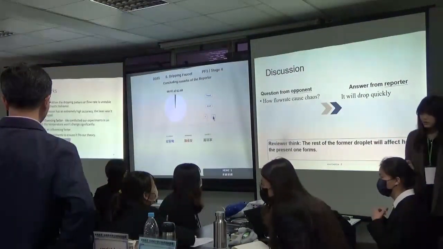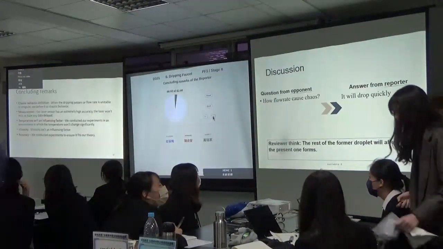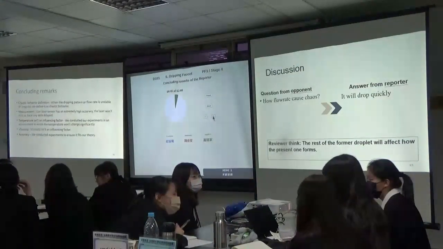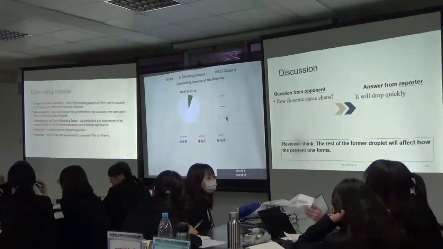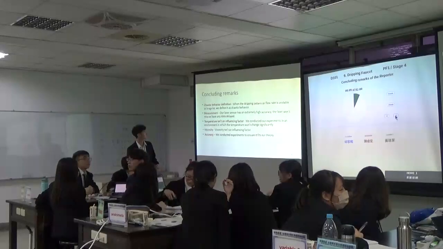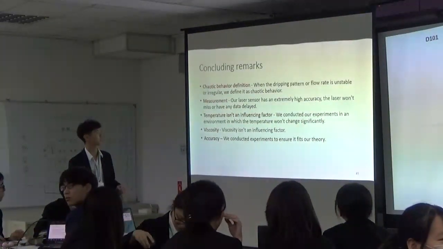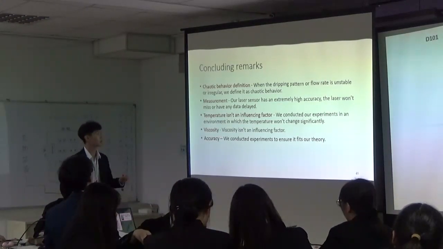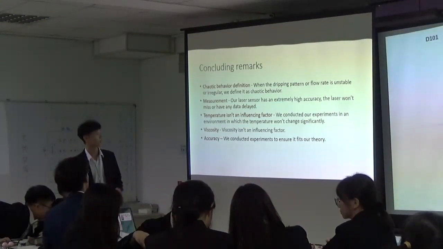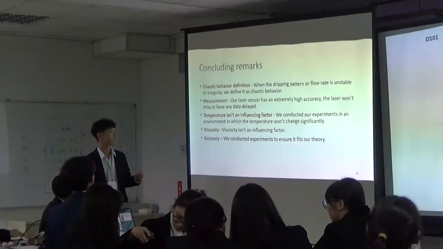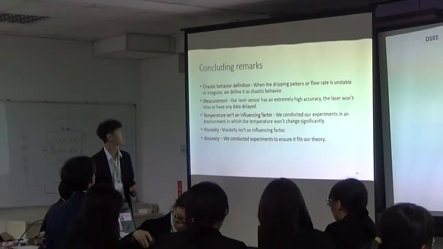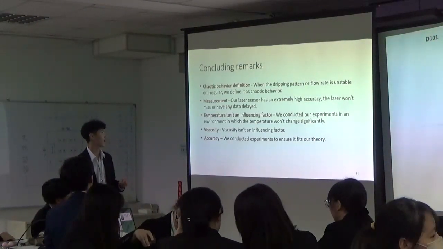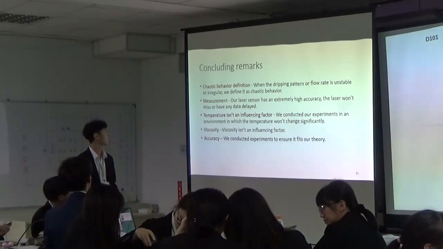Now the concluding remarks of the reporter. About the pattern behavior definition, when the dripping pattern or the flow rate is unstable or irregular, we define it as chaotic behavior. So it is not related to the temperature. And about the measurement, our laser sensor has extremely high accuracy, and the laser sensor won't miss or have any data delay.